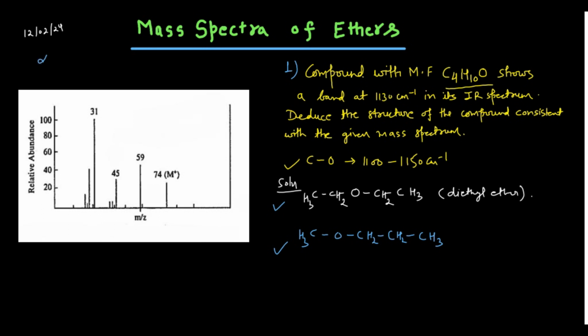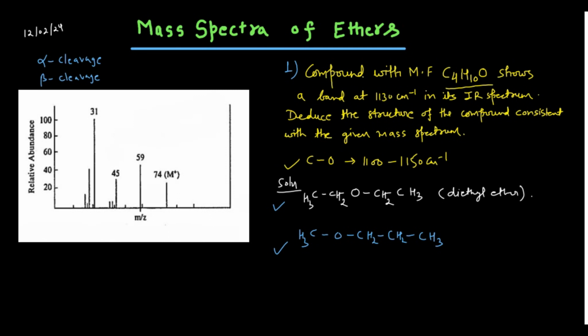Alpha cleavage is very common in that case, right? Apart from alpha cleavage, beta cleavage is also there. And ethers generally have a very low abundance molecular ion because it readily gives a more stable ion by fragmentation. That's why sometimes you may not find your molecular ion peak.